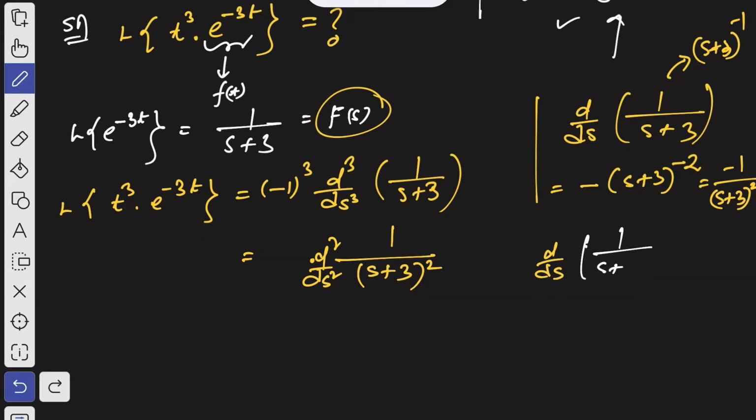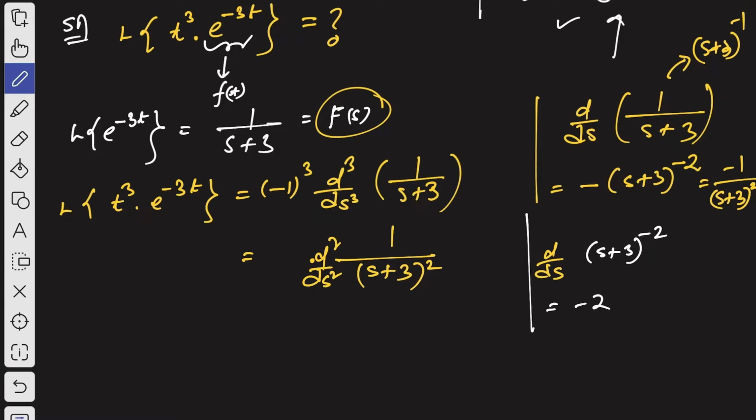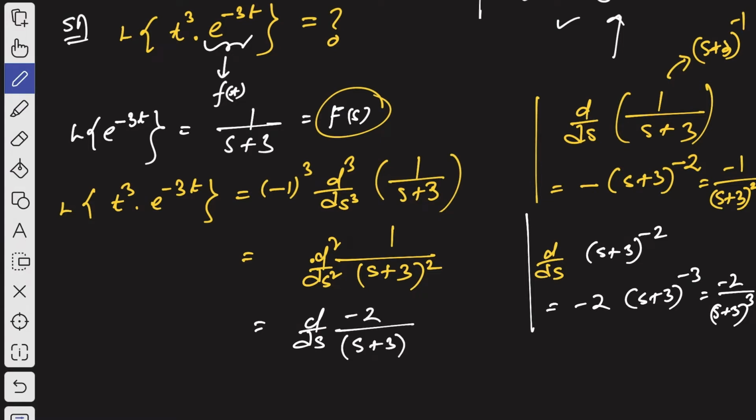It can be considered as s plus 3 whole to the power minus 2. In that case you will get minus 2 s plus 3 whole to the power minus 3. That is nothing but minus 2 by s plus 3 whole cube. So d by ds gives minus 2 by s plus 3 whole cube.